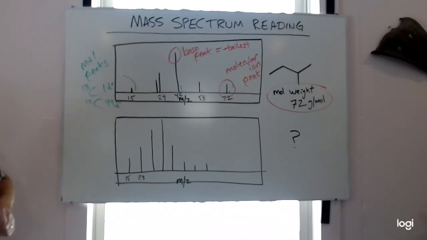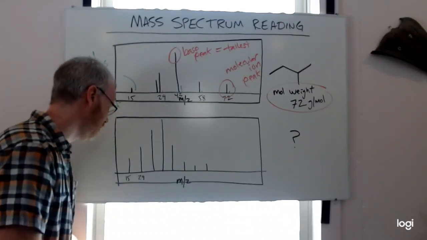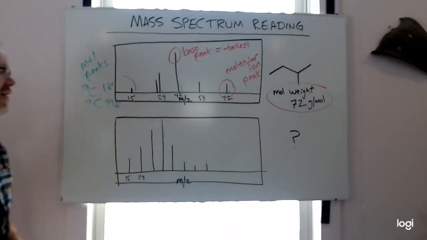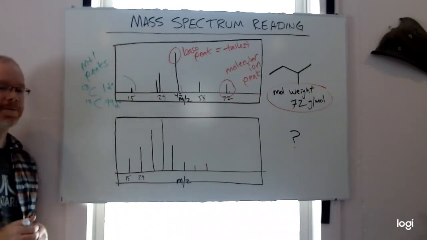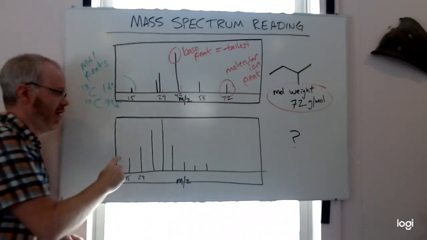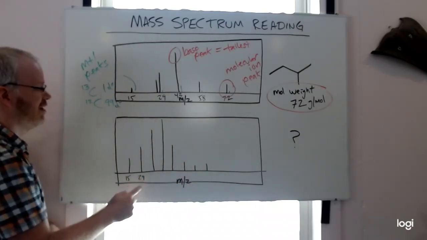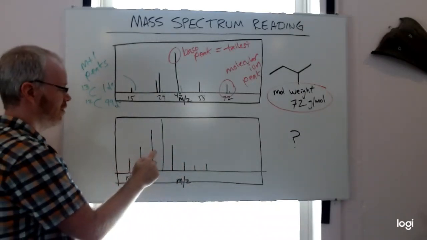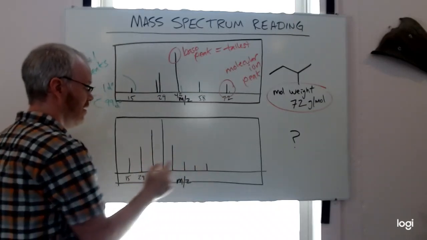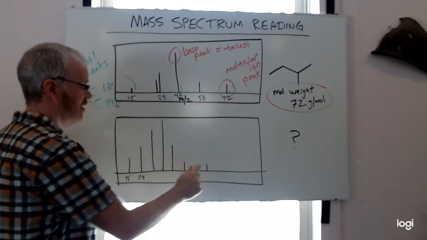Another thing that can be useful in reading a spectrum is coming up with simple shortcuts. So if you have a spectrum like this one with a lot of peaks, I've labeled 15 and 29. Notice there's a regularity in the gaps between each major peak.